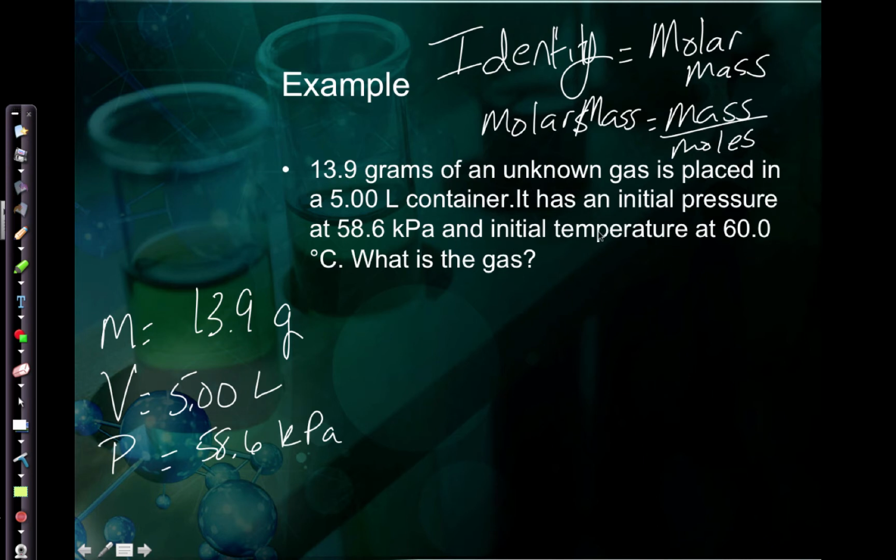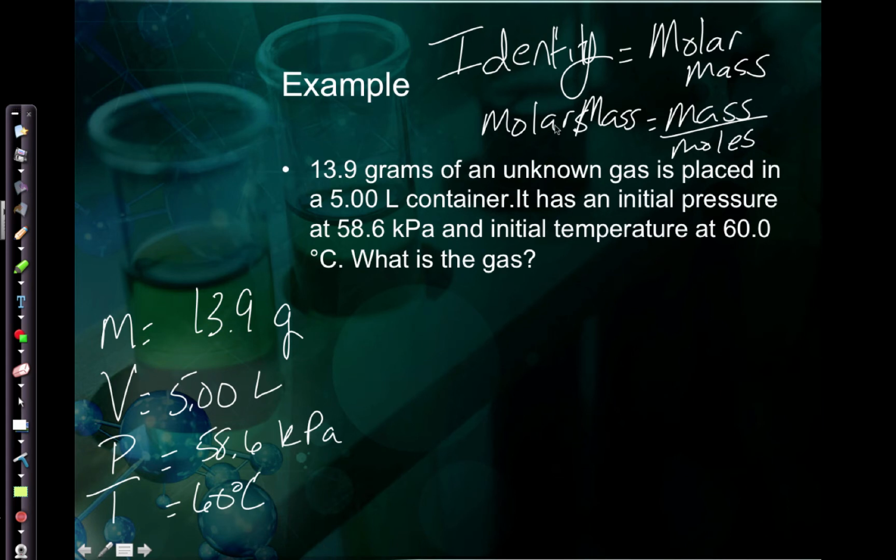It doesn't give me a new temperature, and it's not asking for a new temperature, so I don't need to assign a 1 and a 2. I also know that the temperature is 60 degrees Celsius. Again, it says initial, but that doesn't matter in this case because it's not giving us a new anything.